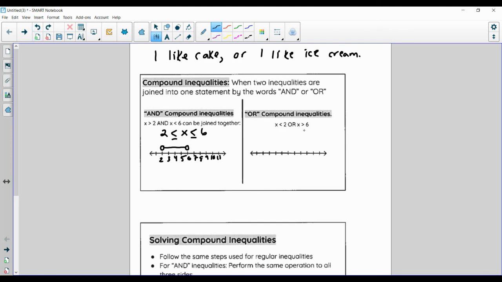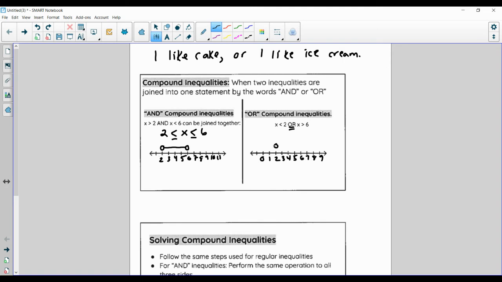For this one, we never make it one inequality when it's or. When it's or, it's saying either you can be less than 2. So numbers that are less than 2 would be 0 and 1. Or you could be greater than 6. So numbers that are greater than 6 would be numbers like 7, 8, or 9. So two things, only one of them has to be true when you use the word or.